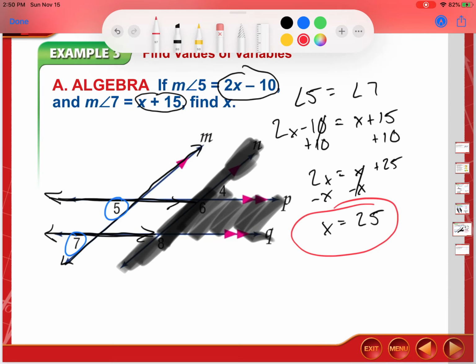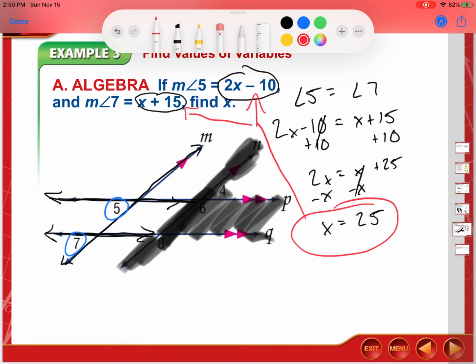Now, this solves the problem. We have x equals 25. If I was asked to find the measure of angle 5 or angle 7, I would just take this x and plug it back into either one of these equations, since they are congruent angles.